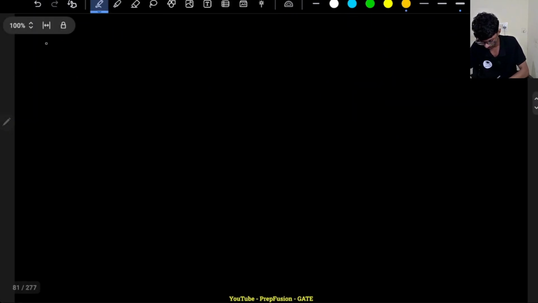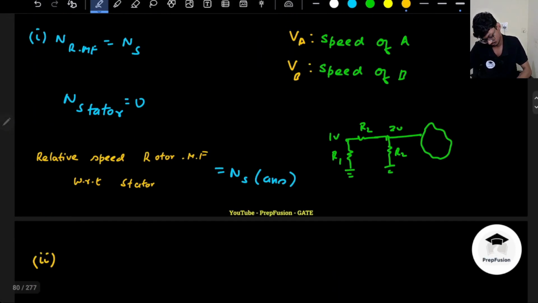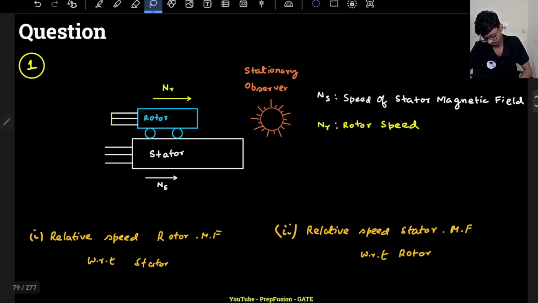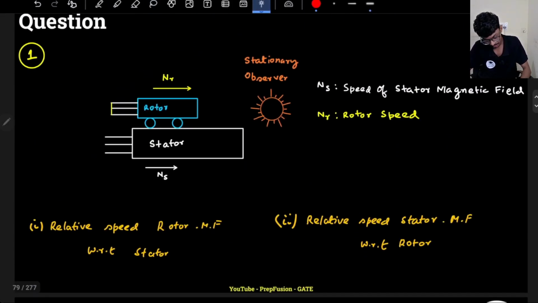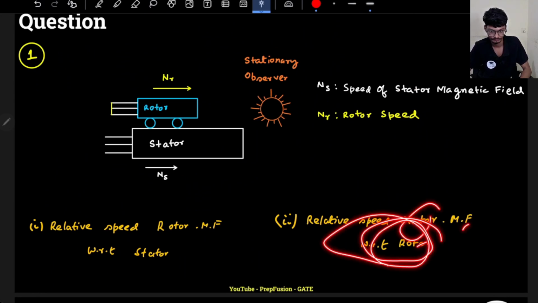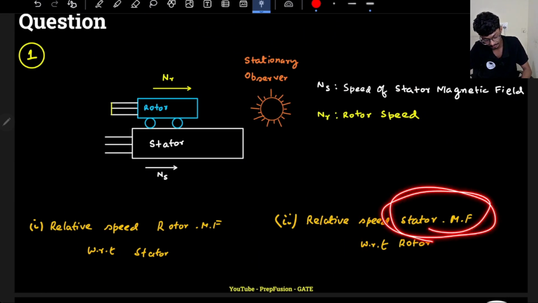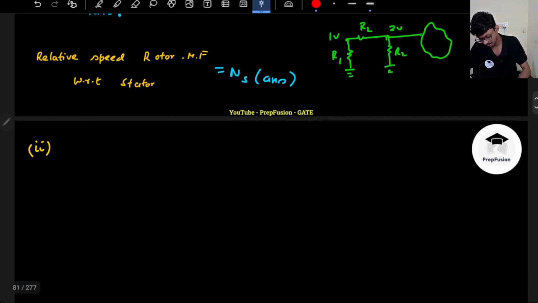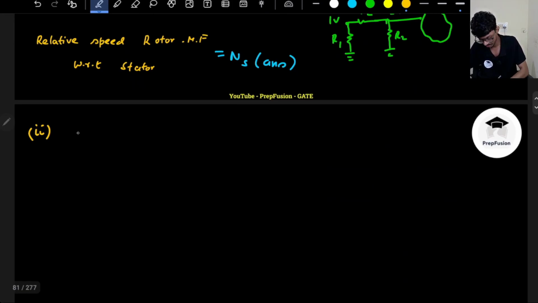Now the second one: the relative speed of the stator magnetic field with respect to the rotor. Remember, what is the speed of the stator magnetic field?